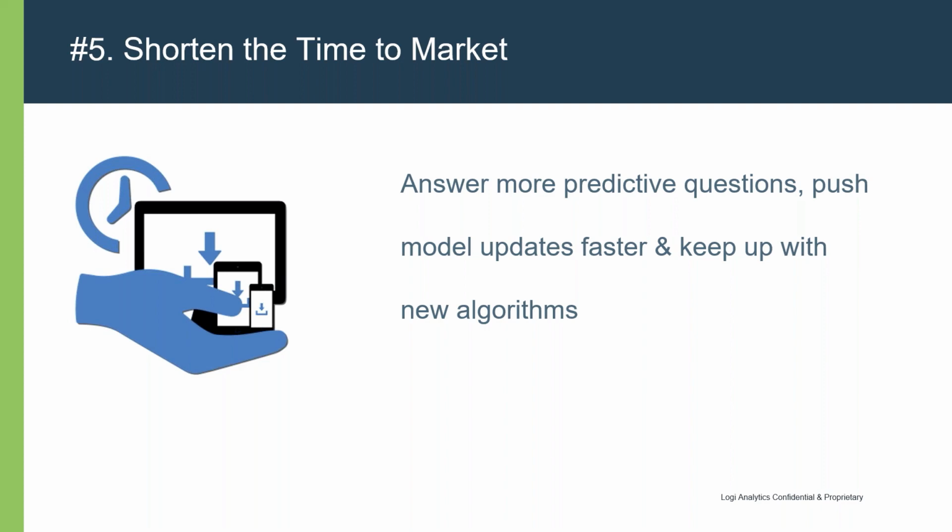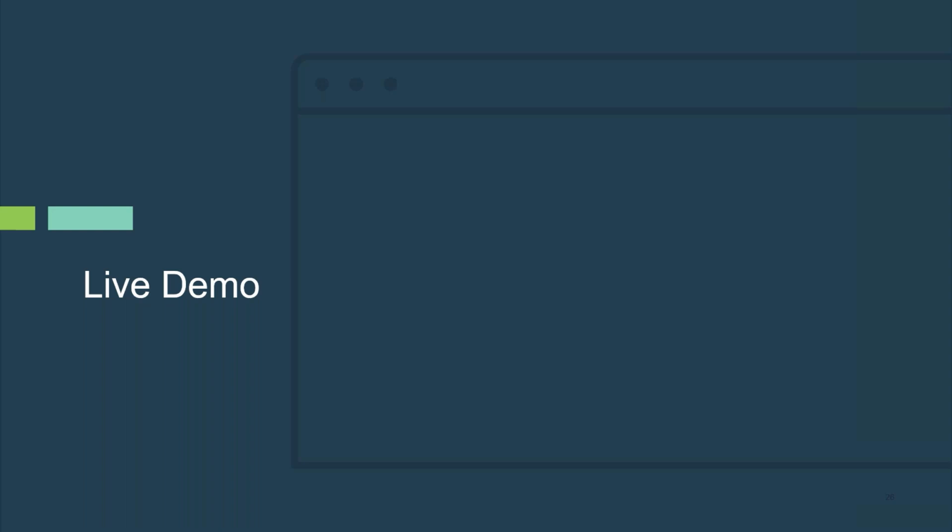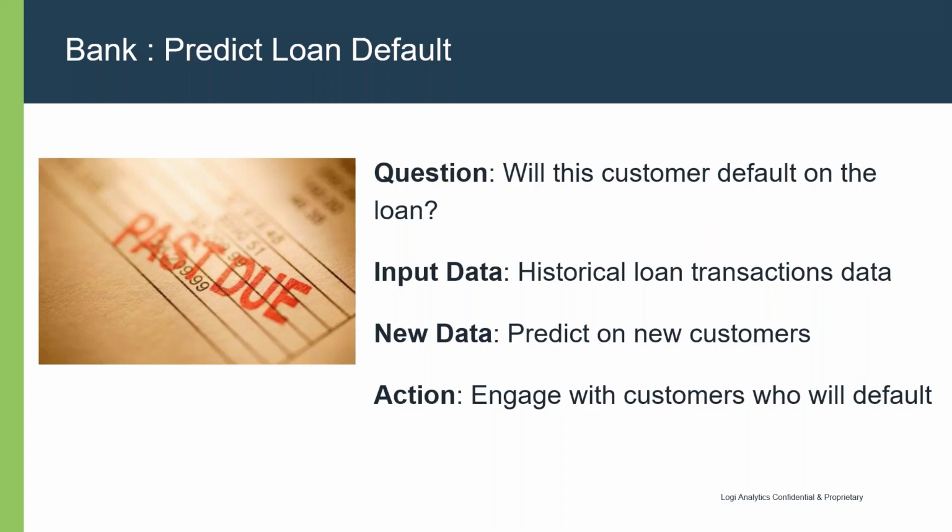With that said, we got a good background for what predictive analytics means and what kind of apps we can build with it. The demo I'm going to show you is to bring the whole thing together. The demo is based on a real use case where my goal is to predict who will default on the loan.